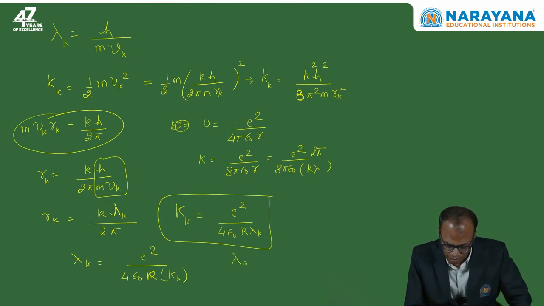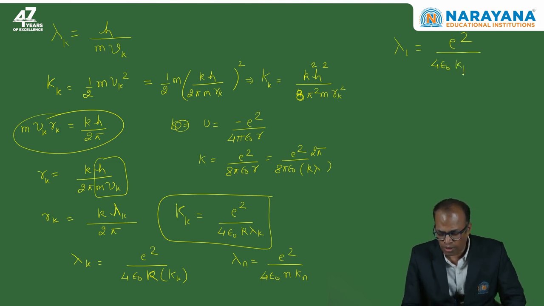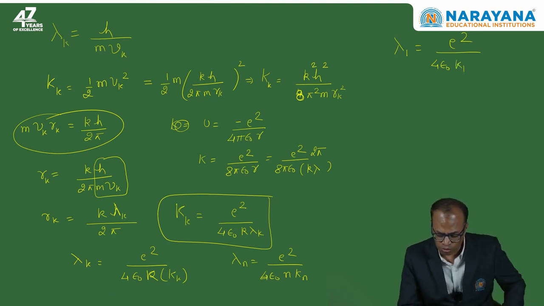So lambda n will be E square by 4 epsilon naught n times kn, and lambda 1 will be E square by 4 epsilon naught k1, and then I can subtract the two to get the answer.